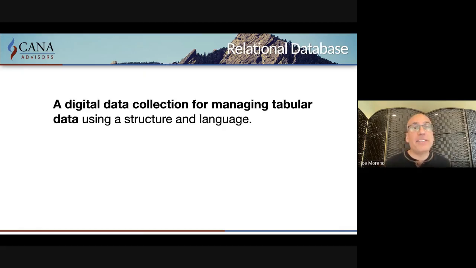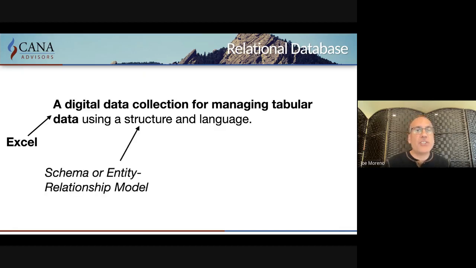A relational database is a digital data collection for managing tabular data using a structure and language. That part that's in bold is what Excel does very well, right? It manages tabular data. What Excel doesn't do is it doesn't have structure and it doesn't have language. And by structure, we're talking about a database schema, sometimes known as an entity relationship model.